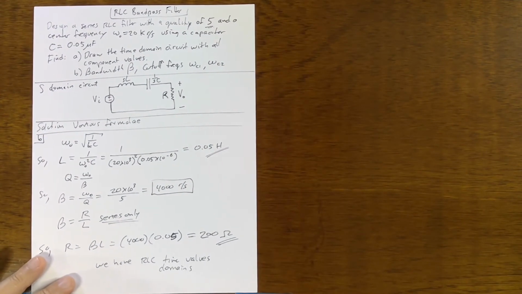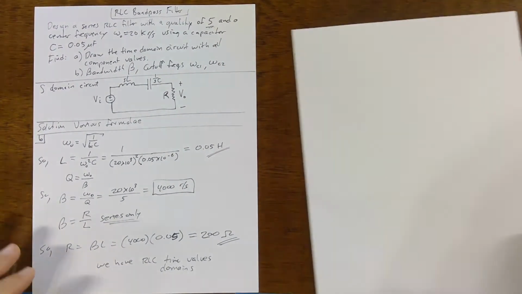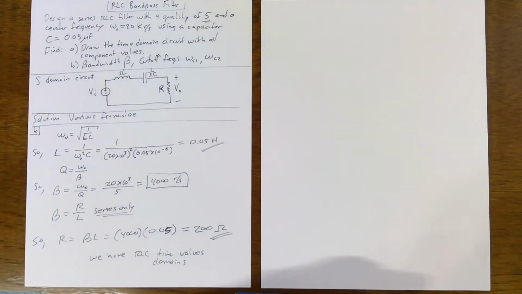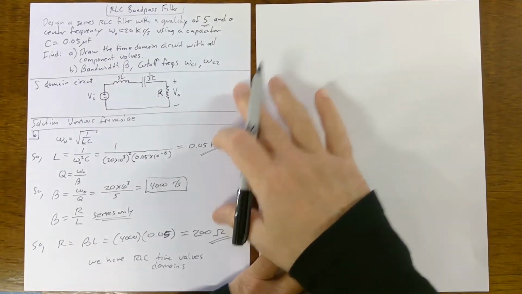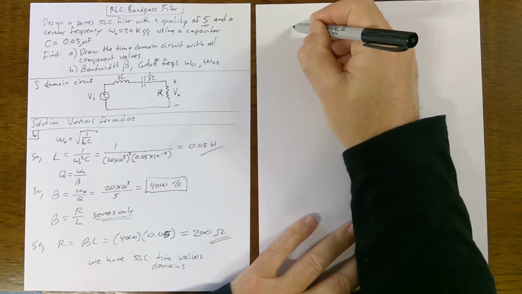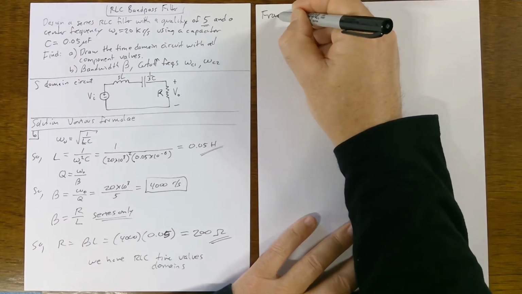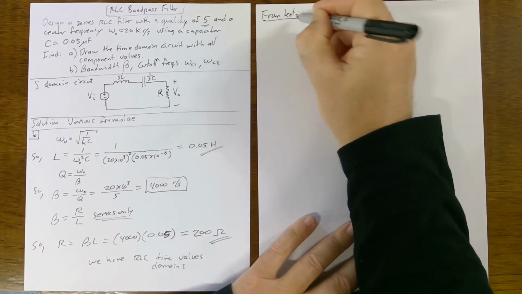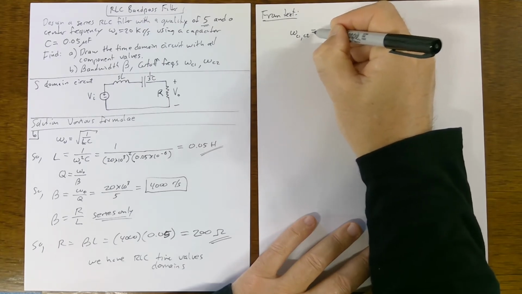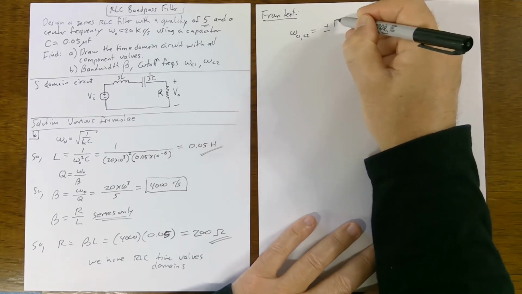Do we have that? We could, but part B is also asking for these cutoff frequencies, which we don't have yet. So let's keep going. From the text, there's this derivation where he gives you these omega C1, C2 formulas. It's plus or minus R over 2L.